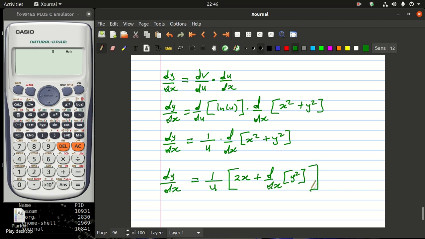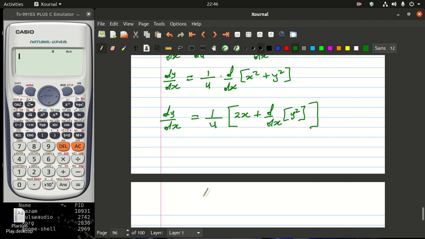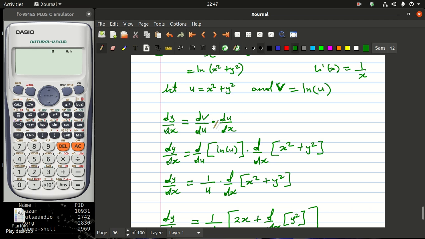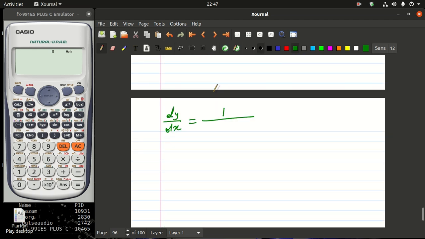Right. Now let me do something here. I have this dy dx, 1 over what was actually u. Let me go back here. My u was x squared plus y squared.